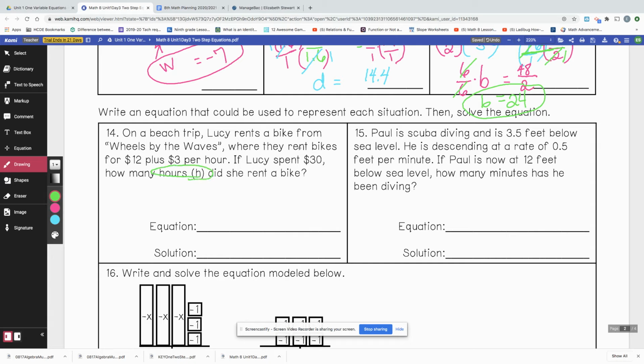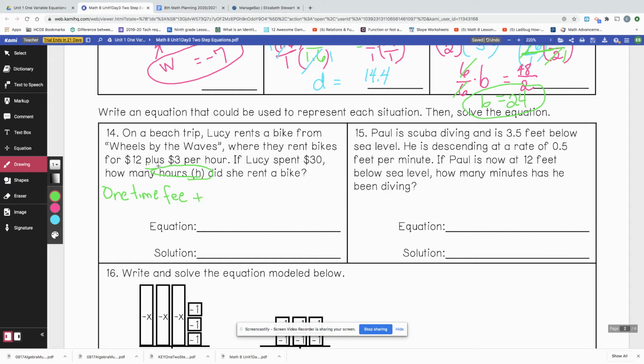We see some numbers. Let's think about the meaning of those numbers. She had to pay a one-time fee of $12. That's just one time. One time fee.